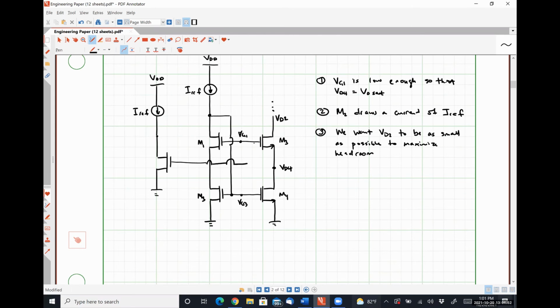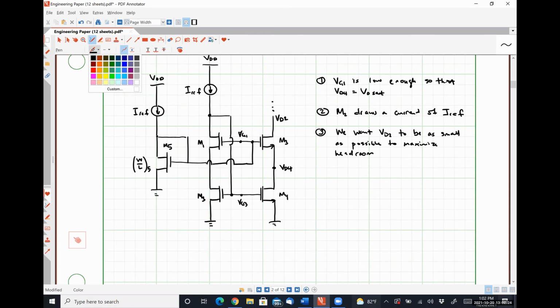And what it does is bias transistors M1 and M3. Because it's a simple current mirror, I'm going to put this guy right here. And this parameter, W over L5, is going to be critically important to making this work, so I'm going to make note of it now. Okay. So this is what our wide swing current mirror looks like.